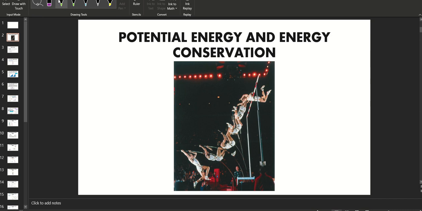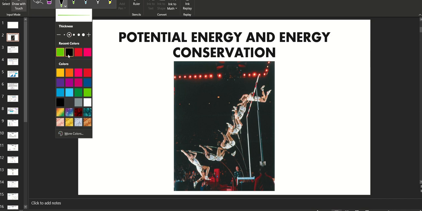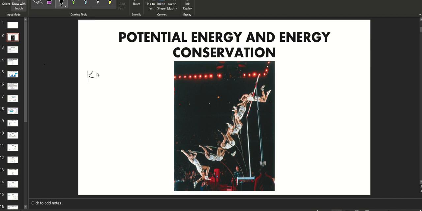So let's review. Kinetic energy, or KE for short, is equivalent to 1/2 mv squared. To check the unit, what is the unit of kinetic energy? We have to go back to the dissected units. Mass is kilogram, multiplied by meter squared over second squared, since it's v squared.